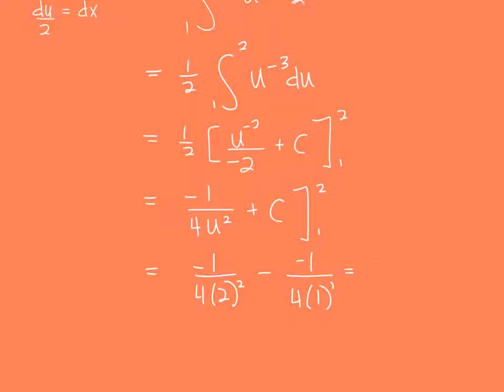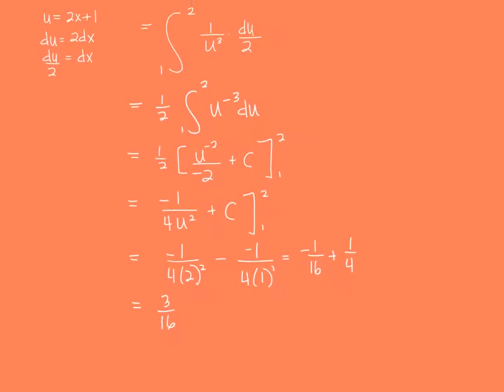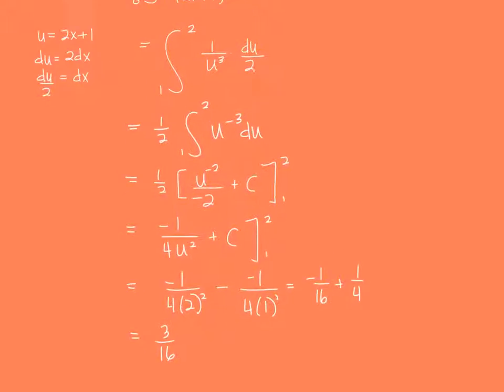So I'm looking at negative 1/16 plus 1/4, which is 3/16 overall. So I'm not going to mark you wrong if you don't ever change your bounds and you decide you want to go back to the x variable, that's fine. You just decide either way.